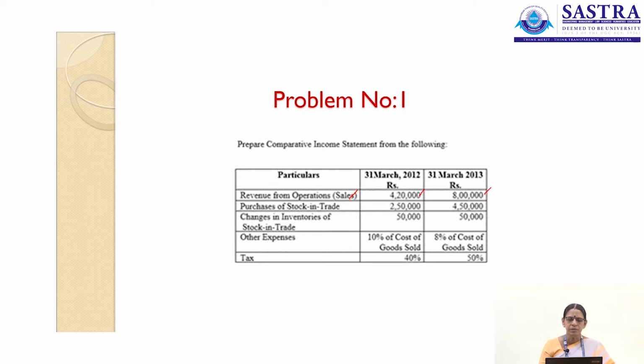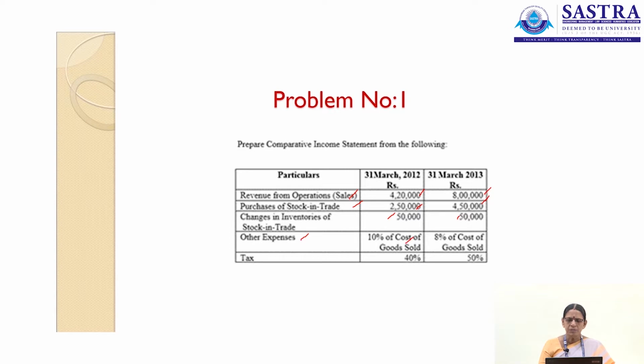Changes in the inventories of stock in trade, 50,000 as on 2012 and 50,000 as on 2013. Other expenses, it is 10% of cost of goods sold and 8% of cost of goods sold respectively. Taxation, it is 40% in 2012 and 50% in 2013.